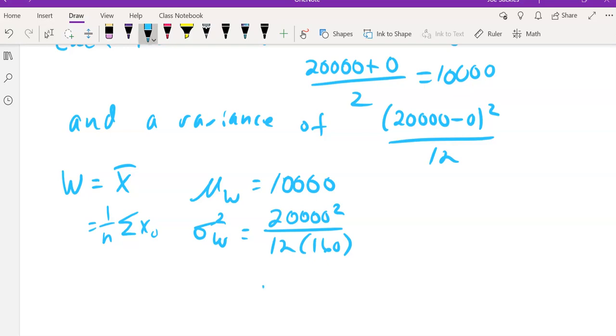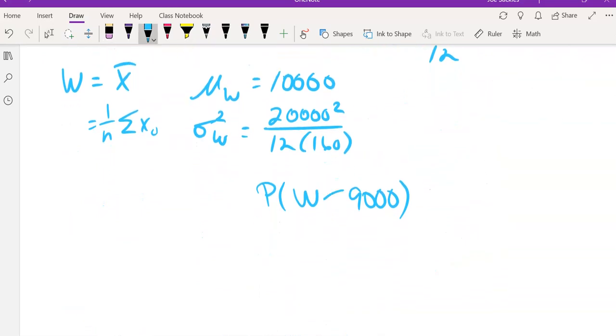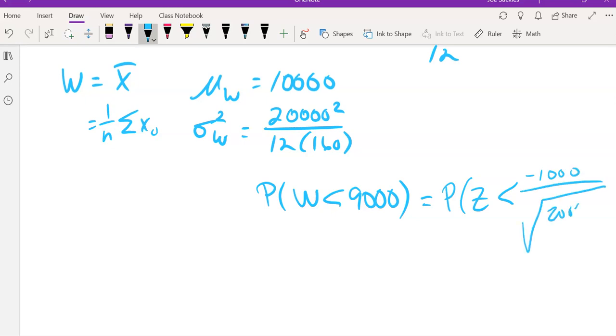So what do we want the probability of? We want W to be less than 9,000, right? So the probability that the Z score is less than 9,000 minus 10,000 over the square root of a very big number, which is negative 2.1.